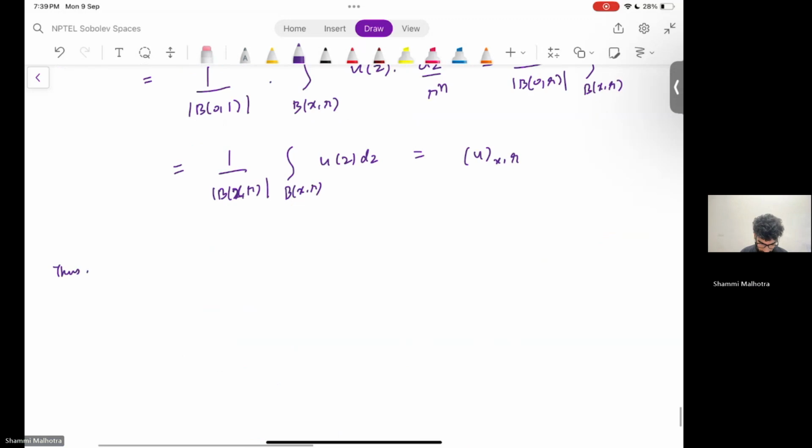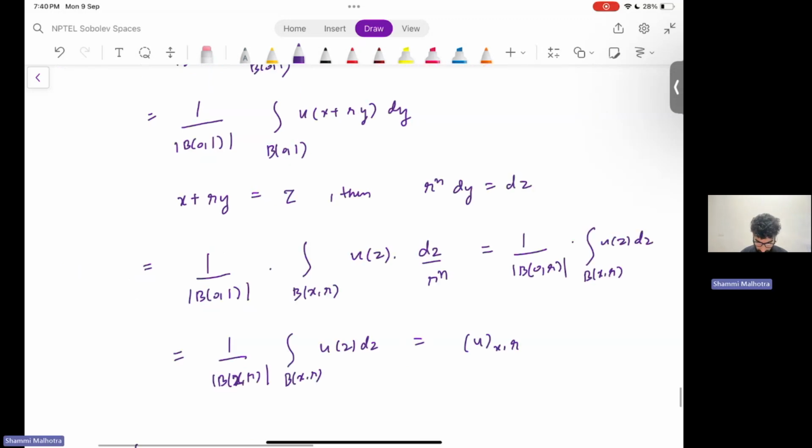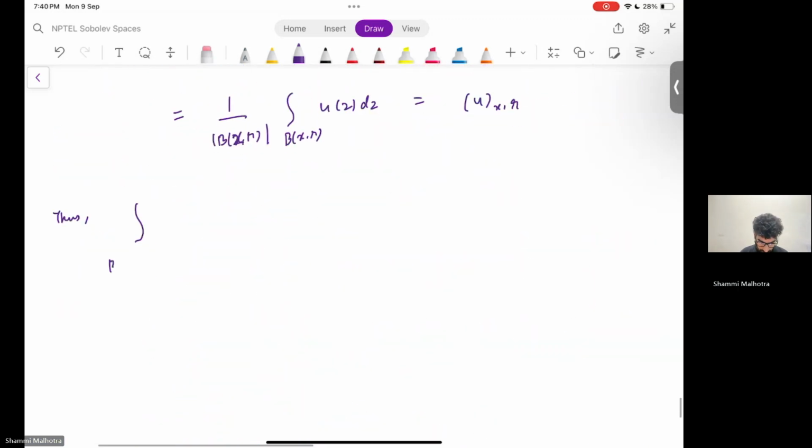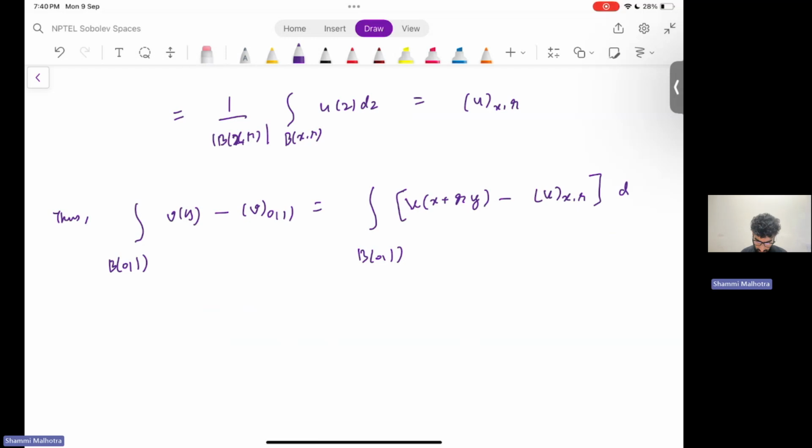Thus, the integration over B(0,1) of v minus v_{0,1} is nothing but the integration over B(0,1) of u(x plus ry) minus u_{x,r} dy.